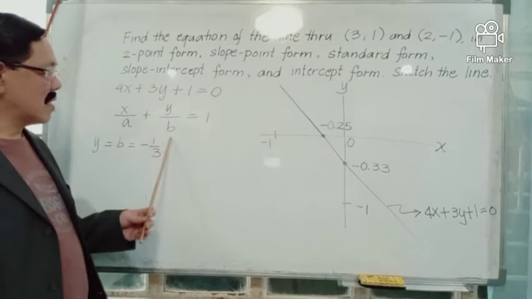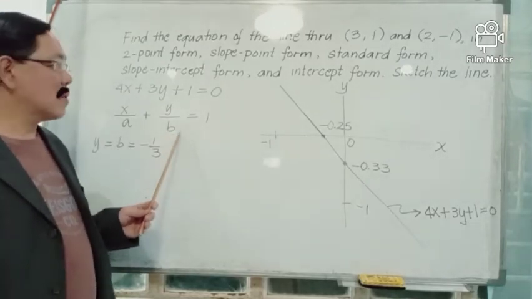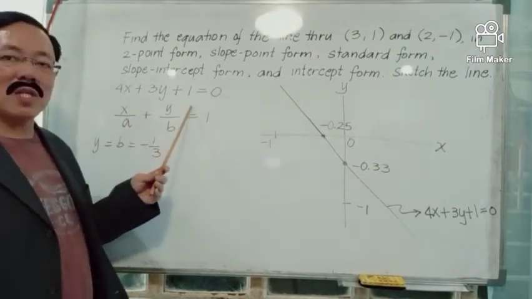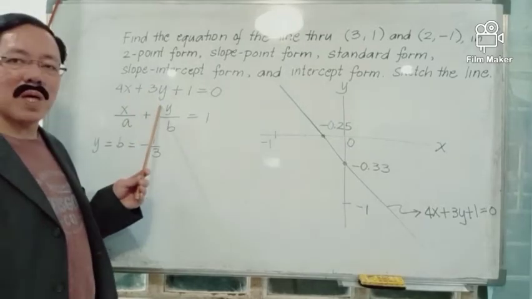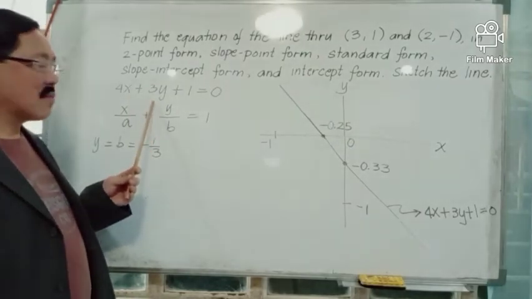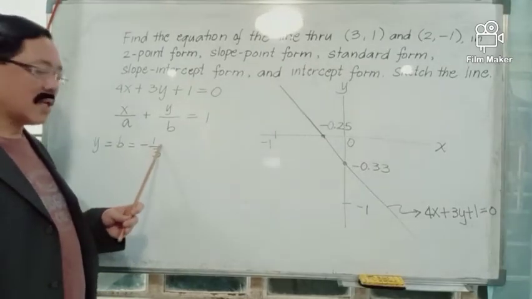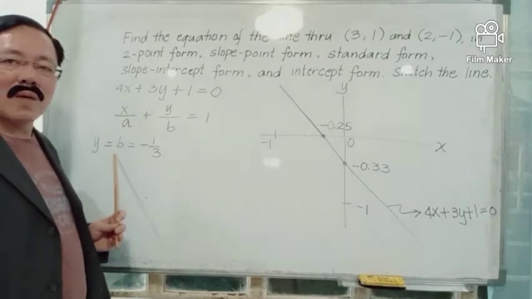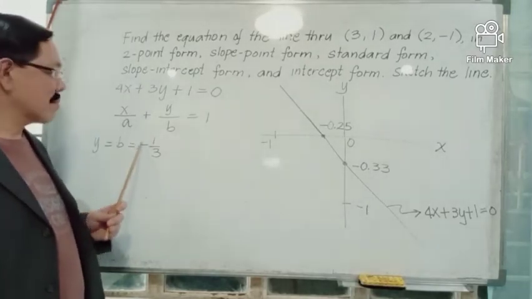When we found b, we set x to 0 in the general form of the equation of the line and solved for y. We get y equals negative 1/3, which is our y-intercept, or the value of b.